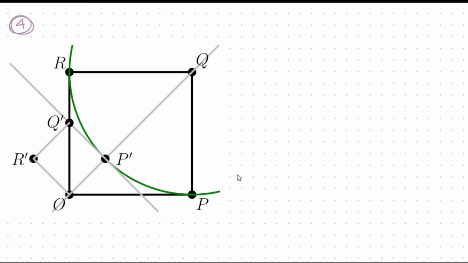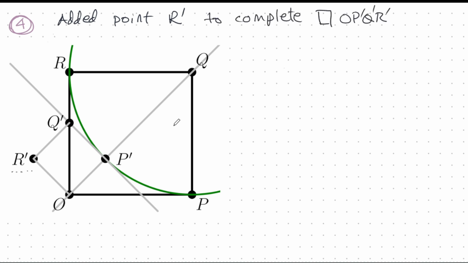Here's what I mean. I have added this point here, R prime, in order to complete the little square O, P prime, Q prime, R prime, which you see here. It is possible to make this square because we proved that this segment is equal to this segment. And so, of course, we can construct the other two segments to be equal also, and we get this little square. So what we have done is a transformation.